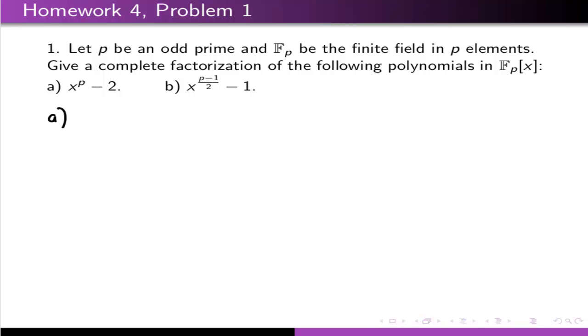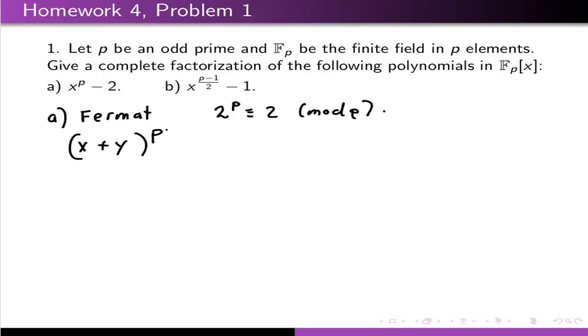So what I would suggest here is use a couple of facts we learned. There's Fermat's little theorem that says 2 to the p is congruent to 2 mod p. And there's another fact we learned that if you raise a binomial to a pth power, mod p, or working in the finite field F_p, what does this equal?